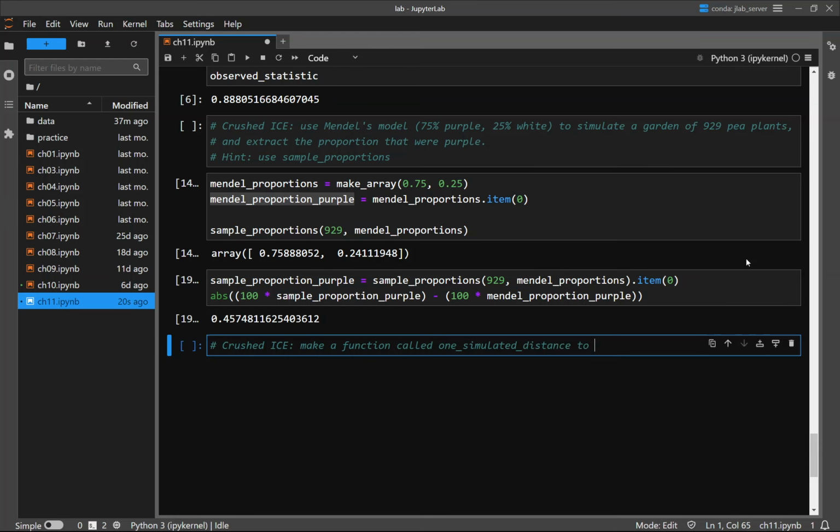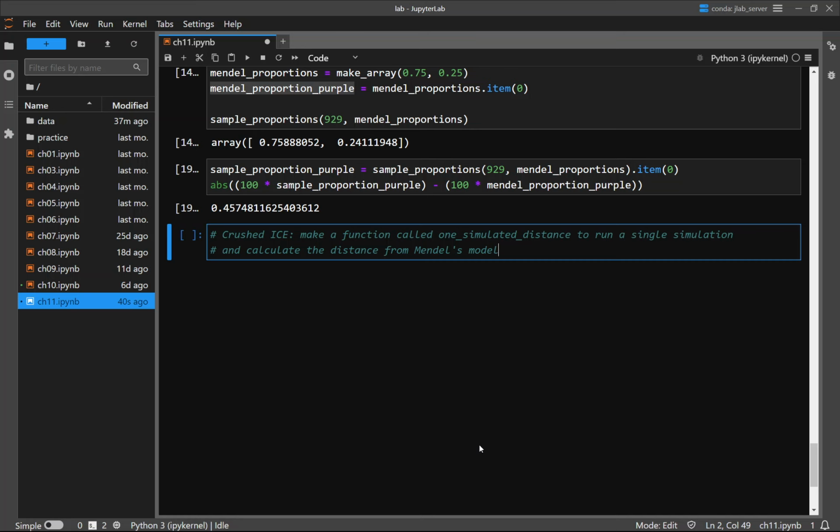It runs one simulation and gives me back that distance from Mendel's model that I want to calculate. So it's essentially a function that you can call as many times as you want that gives that answer back. Every time it's different because we're calling sample proportions a different time.